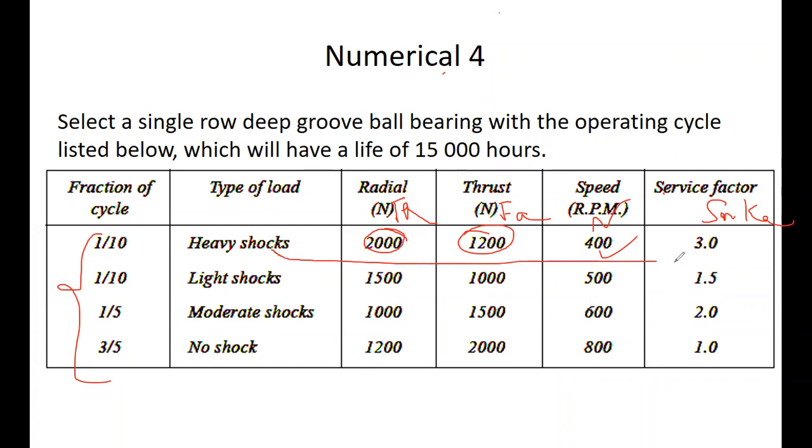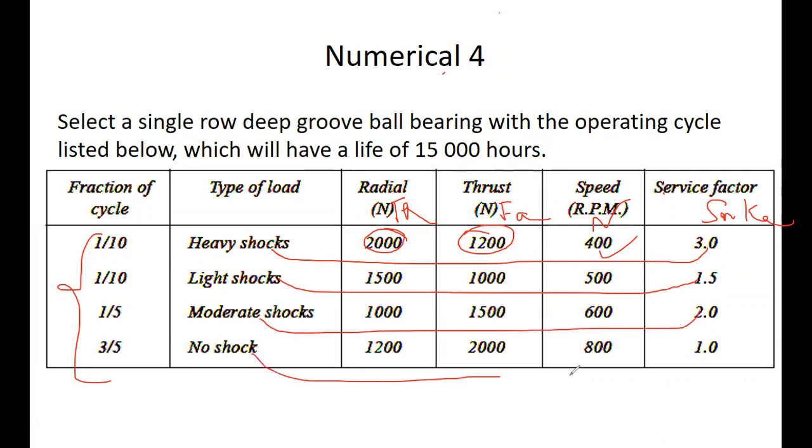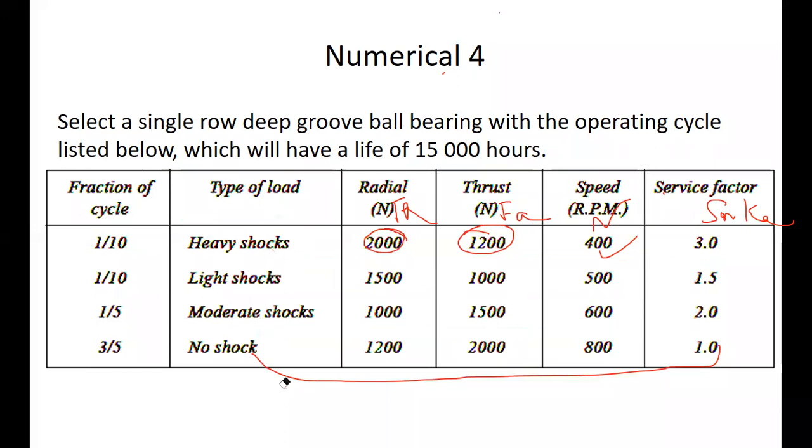And the best part is that for every load, they have already given us the service factor. Otherwise, sometimes you have to select the service factor. And I've already told you which table you should refer to in the previous numericals for selecting the service factor. Here it is given, so we don't need to do that.